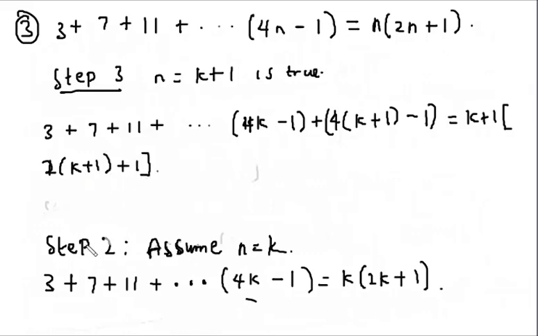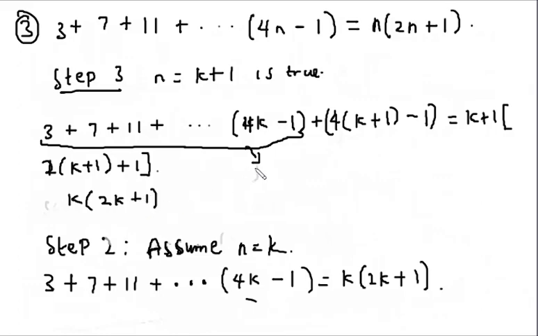Okay, so we know that from this part to this part, we can replace this part with this from our assumption from our step 2. So to replace this part with this, we know that k open bracket 2k plus 1.